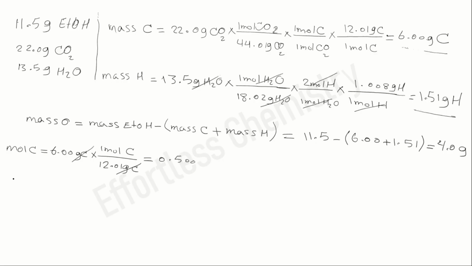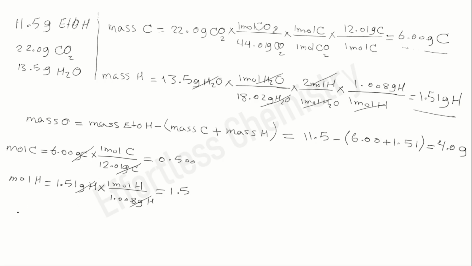Mole of hydrogen, the same: 1.51 gram of hydrogen, multiplied by 1 mole hydrogen has a mass of 1.008 gram, and then we have 1.5.